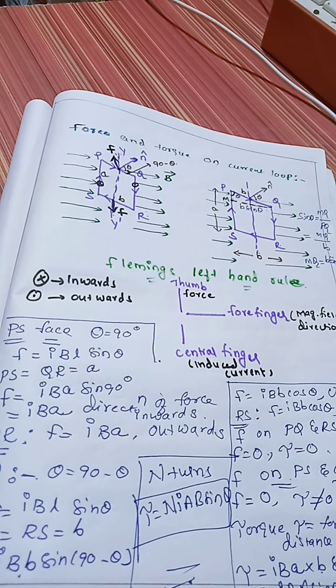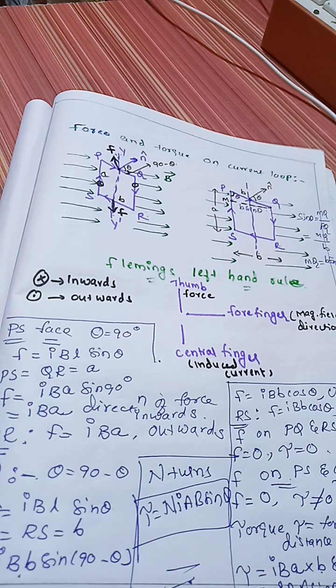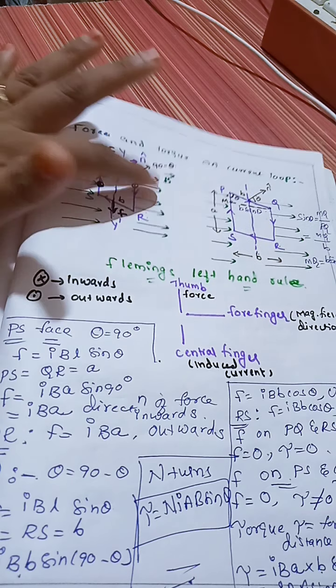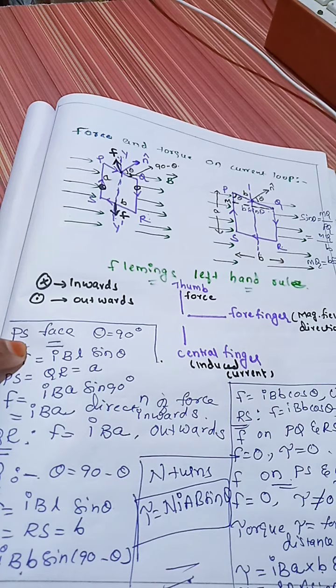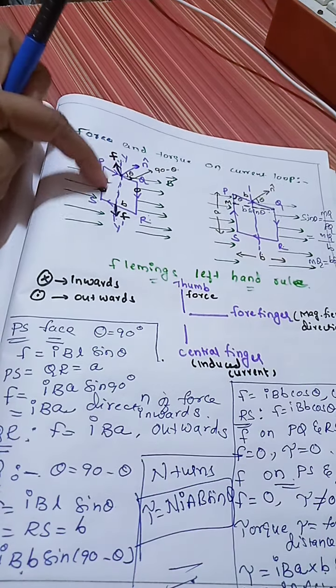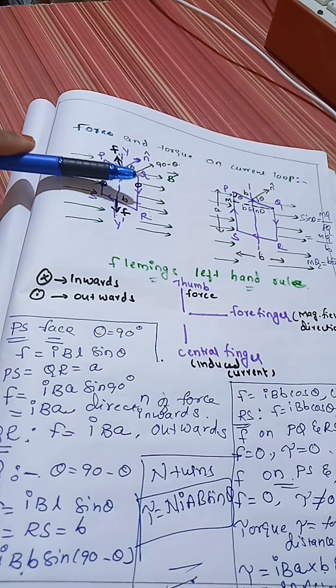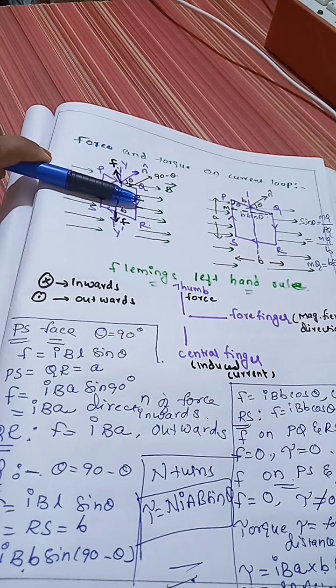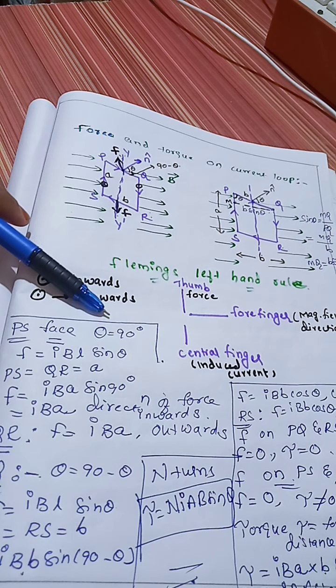And now first let us find the force acting on these four faces. Okay. So first let us consider the PS face. This PS face is perpendicular to the field direction, so the angle becomes 90 degrees.